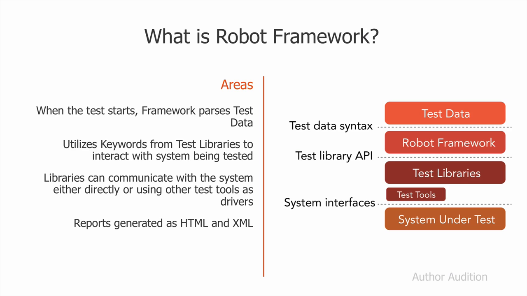That's simple. So what it does is extract all those keywords from the test data and check whether those keywords are available in the libraries that you've called them against. And then the libraries would run those keywords. So let's say open browser: the library would actually contact your operating system, figure out that there's a Firefox browser there, open up the Firefox browser and run it. So the library would communicate with all the necessary parts of the system that are working with those tools and then invoke them at the time they're called, and it would give you a pass-fail result.